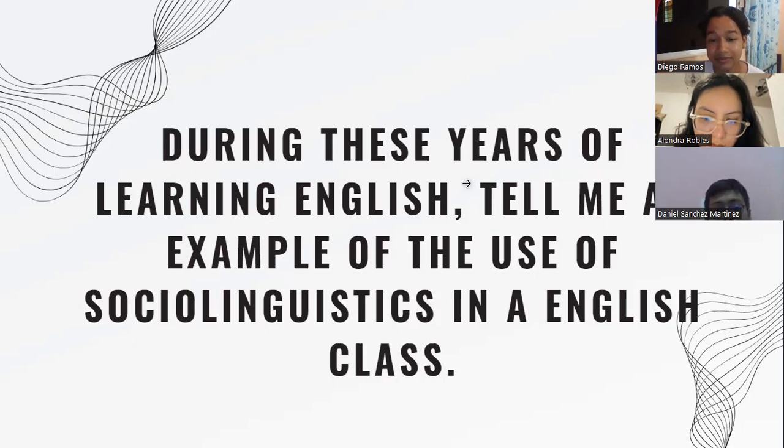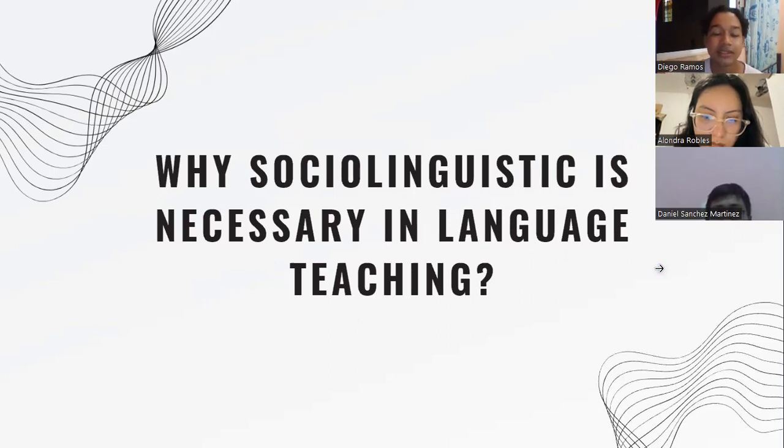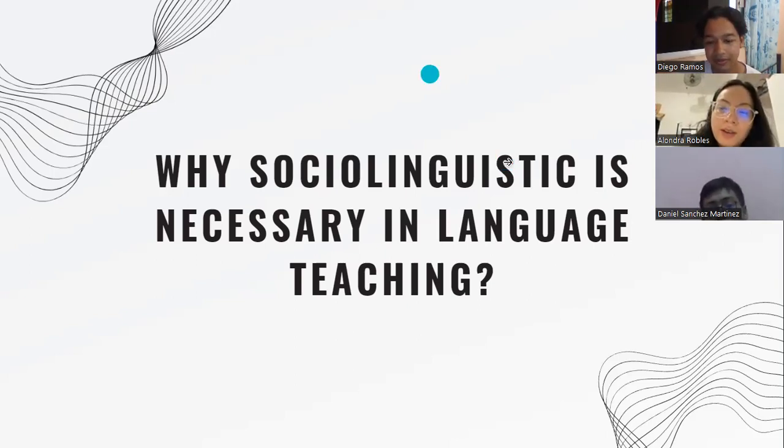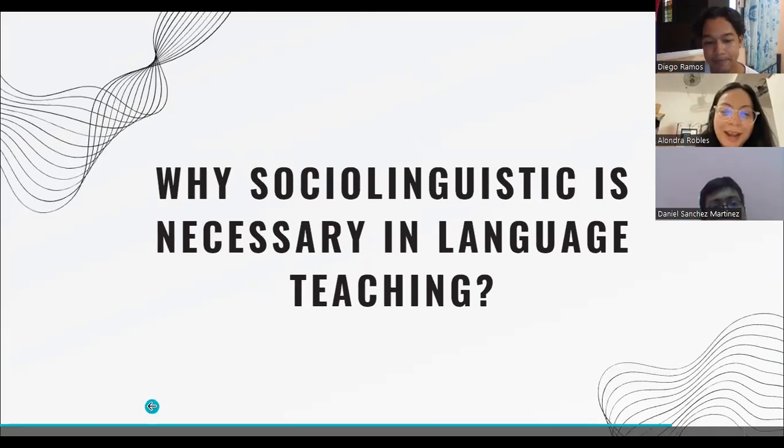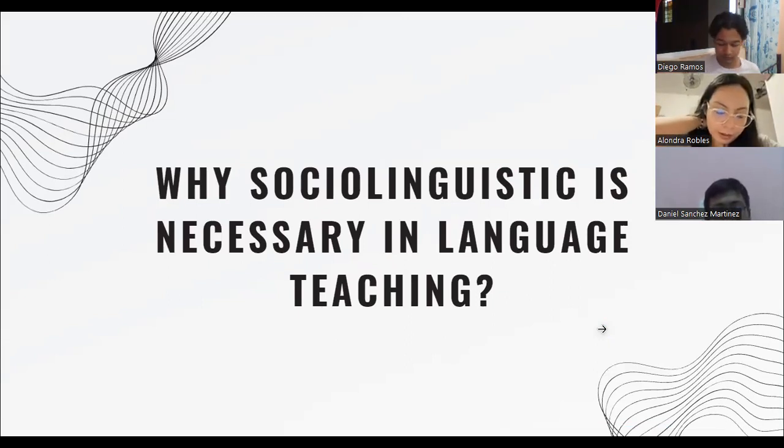So, going to the last question, it says, why is sociolinguistics necessary in language teaching? Alondra, can you please answer this question? Sure. Something that I take from a text that might help for this question.